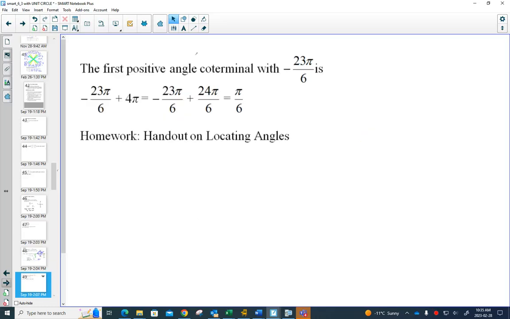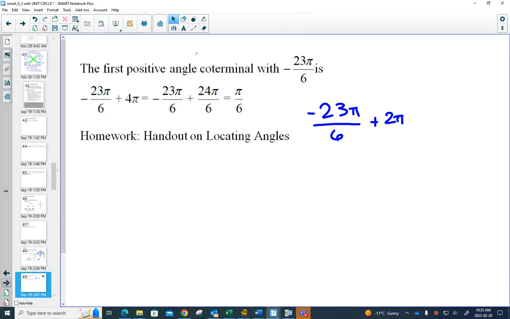I wouldn't do the work this way, but again, just like before, you can take any angle and keep adding 2 pi, and you get something that's coterminal. In degrees, we add and subtract 360 degrees. In radians, we add or subtract 2 pi. And this we have to get really, really good at.